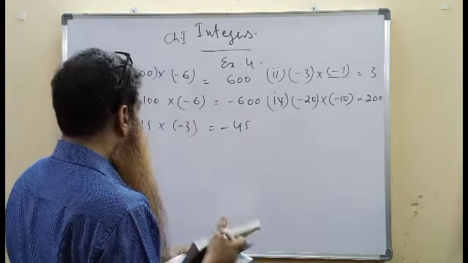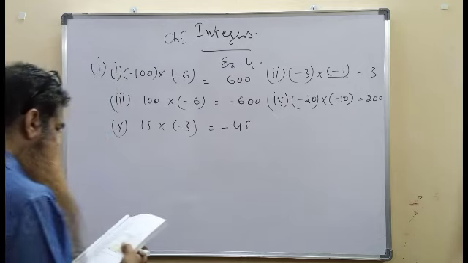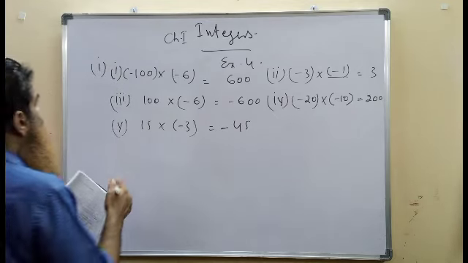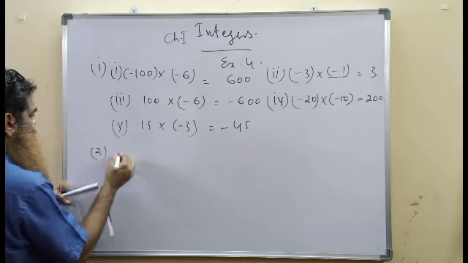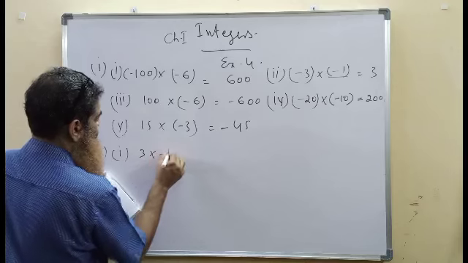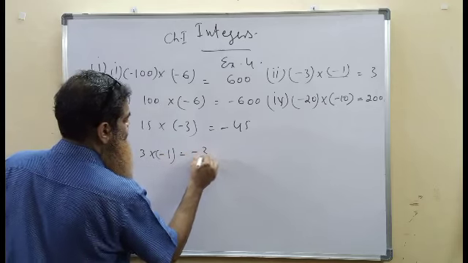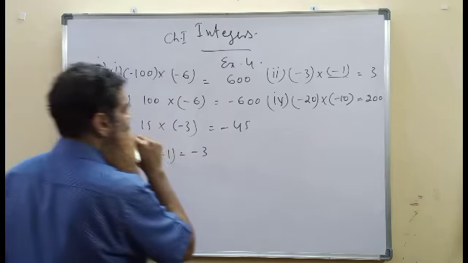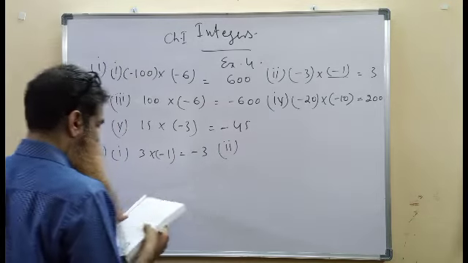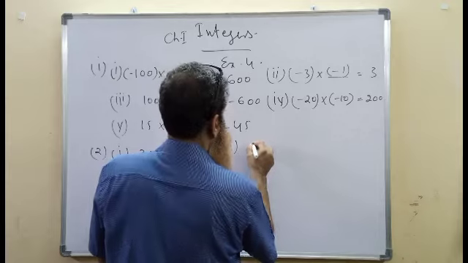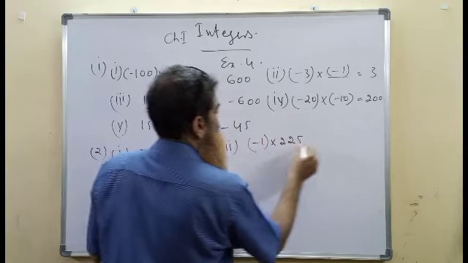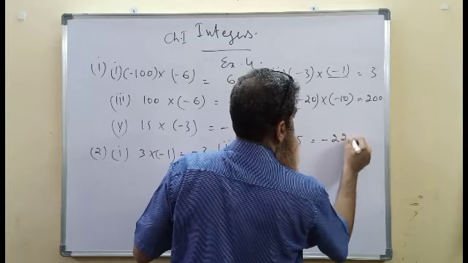Now the second question, find each of the following products. First bit, 3 into minus 1 is minus 3. 3 into 1 is 3, one negative integer, minus 3. The second bit, minus 1 into 225, we get minus 225.